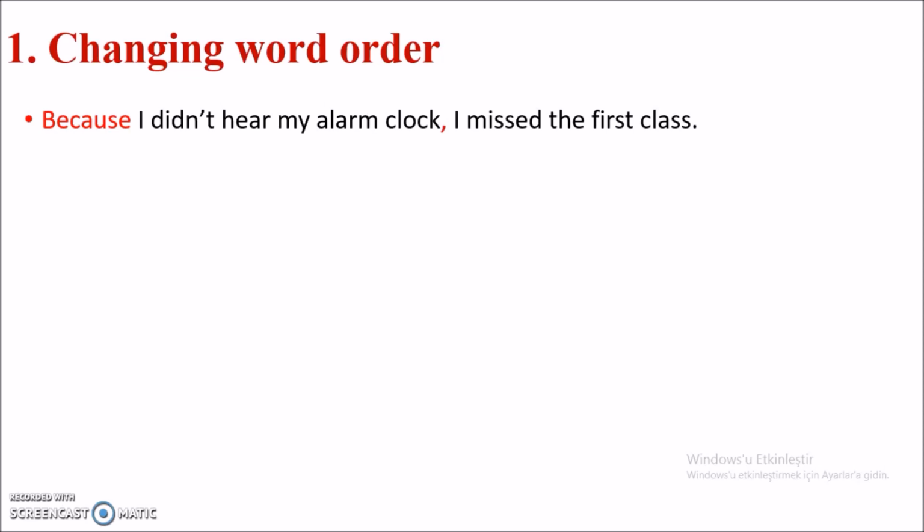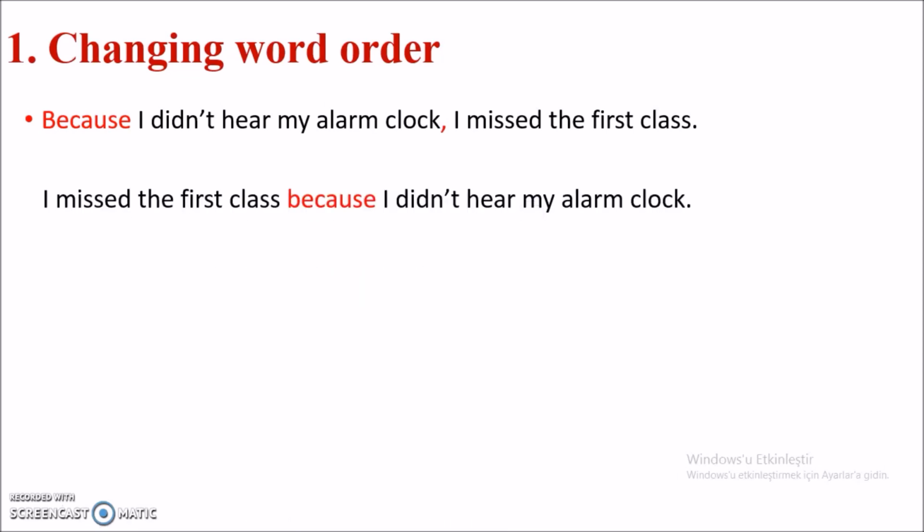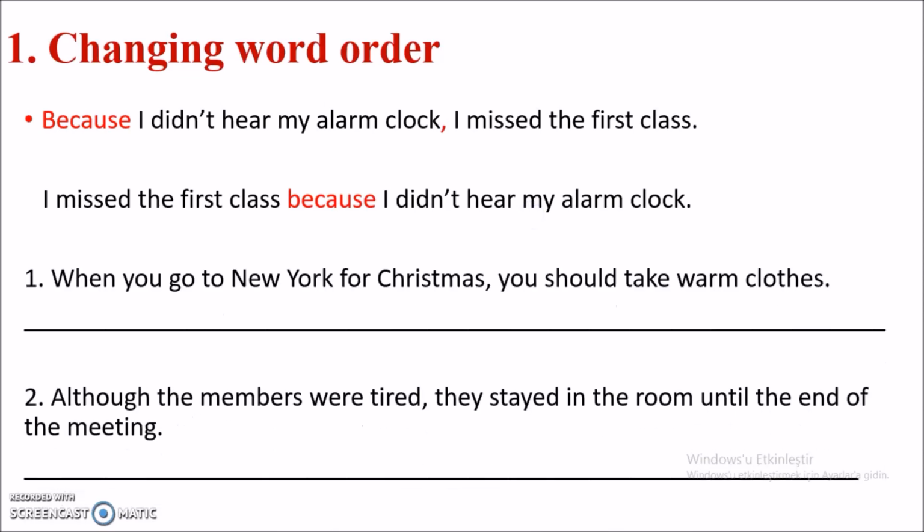Here, I'm paying attention to the linker and then the punctuation. If I change the order of this sentence, I would say, I missed the first class because I didn't hear my alarm clock. I want you to pay attention to the punctuation because we used because in the middle. You don't have to use the comma anymore.